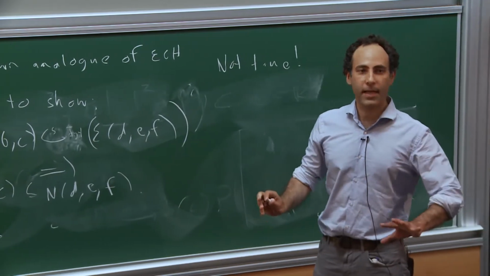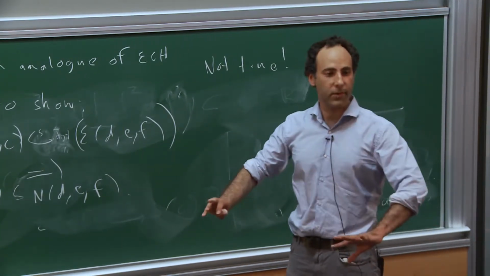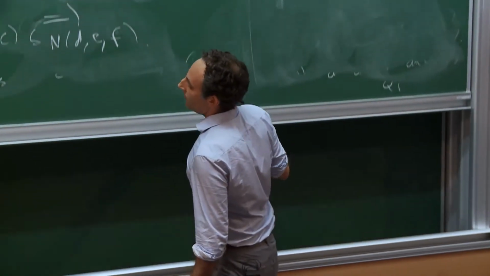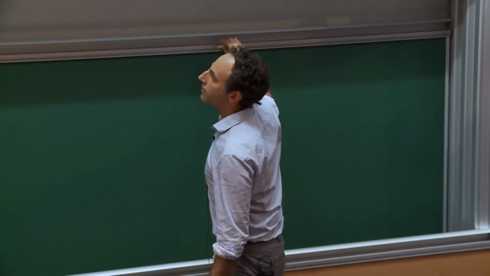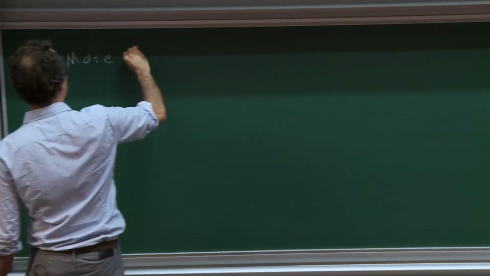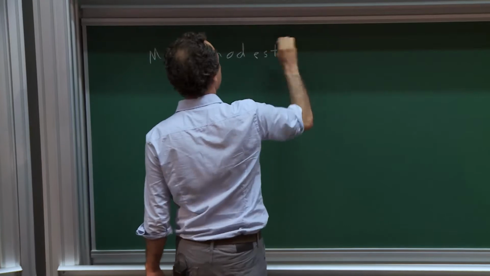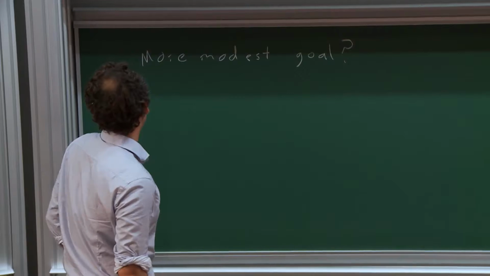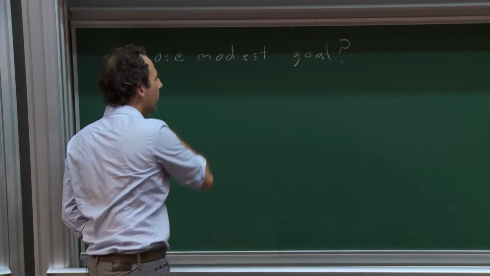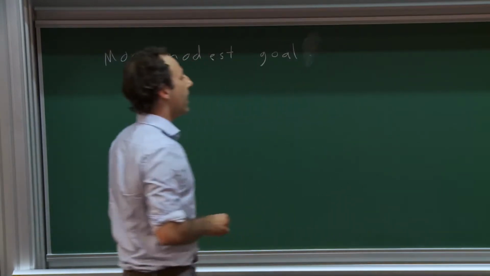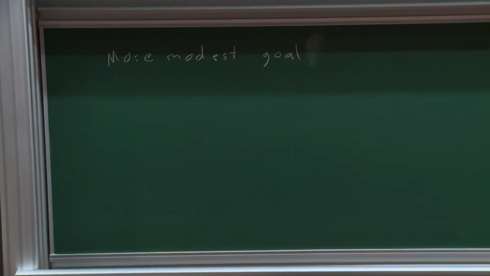I think it's fair to say that even for these ellipsoids, we're pretty confused about how the embedding story works. So with Richard Hind, we've been wanting to understand a more modest goal: the following function that's an analog of the function studied by McDuff and Schlenk.